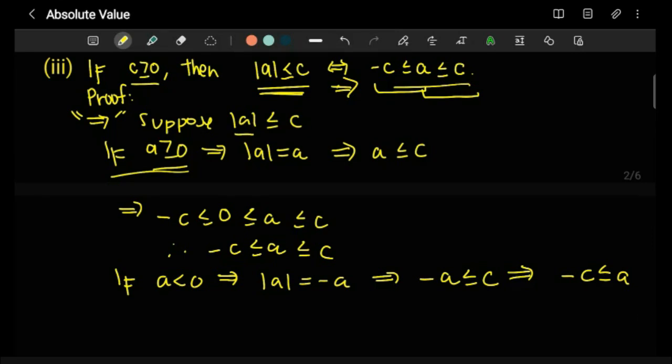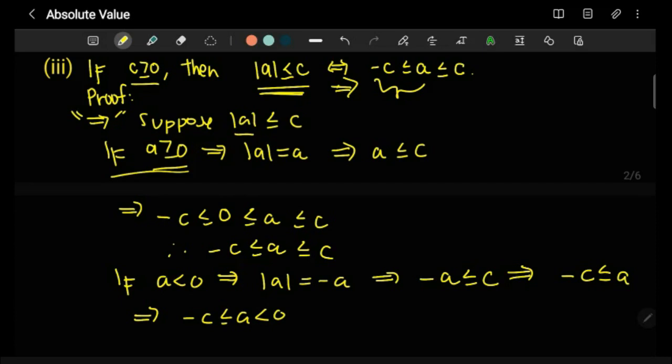So we're already done with this part, yung left side. Right? So now we just have to deal with the other side. Similarly as what we've observed a while ago, negative C is less than or equal to A, but remember, A is negative. So this is less than 0.